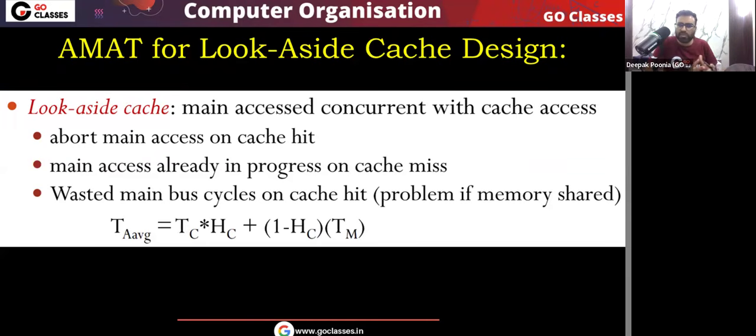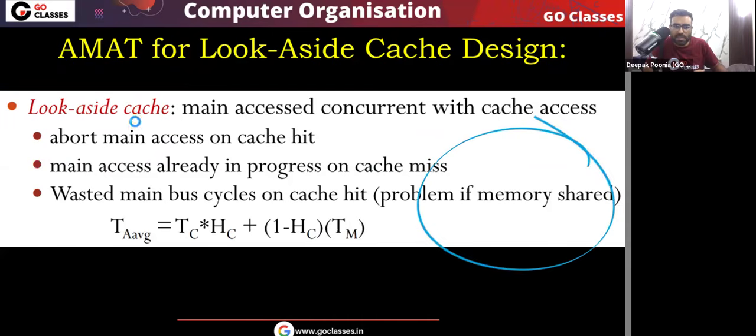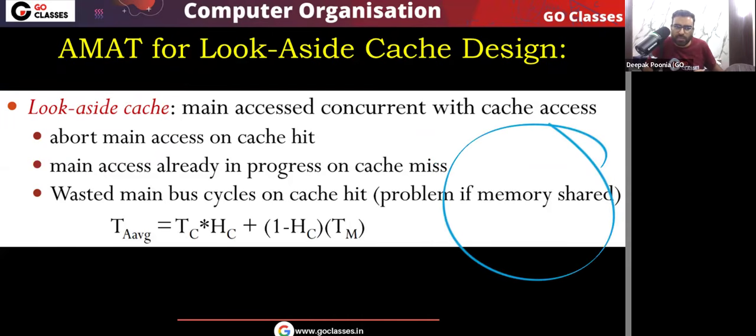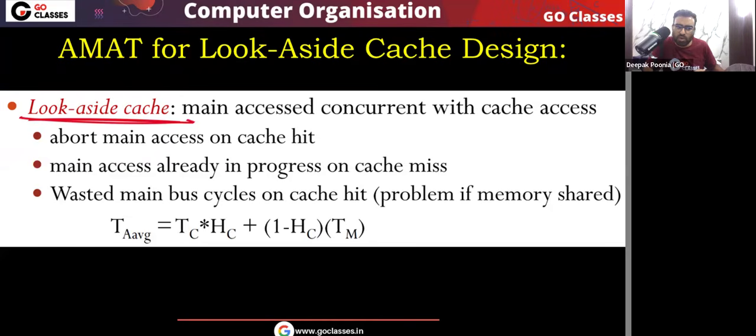But for modern multitasking, multi-programming systems, this look aside cache design is a big problem if the memory is shared. So you can see look aside caches are no longer used, because nowadays all modern processors are multi-programming, multitasking. Okay, so for look aside caches, this is the average memory access time.